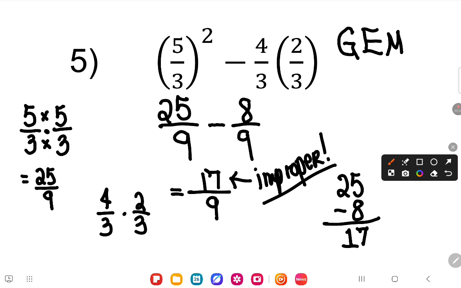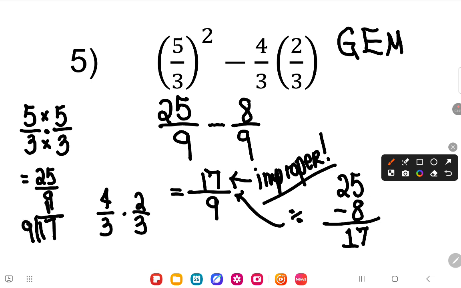Is it possible you have a mixed number answer on the GED? Sure. If that happens, all you got to do is use that fraction bar just like it always is used. What does a fraction bar mean? Remember, it means the operation of division. So if you wanted to convert that to a mixed number, you would just divide. How many times does 9 go into 17?